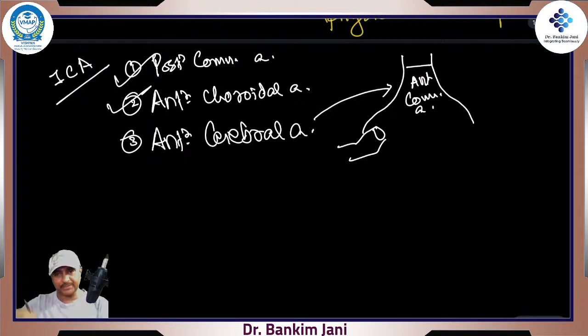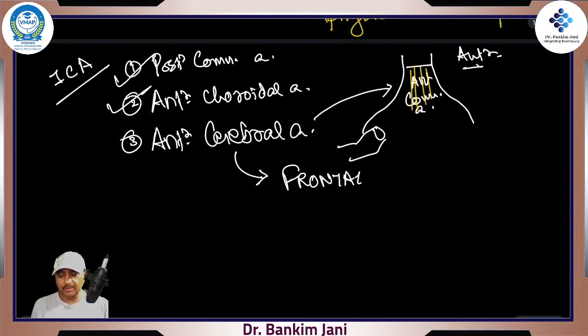And then there were some central arteries, anteromedial central arteries. We will not just write the name, but this was the thing. Where does the anterior cerebral artery supply? Now see, it is going anterior, this is anterior, and it is going towards the medial side. So simply it supplies the frontal and medial part of the brain.